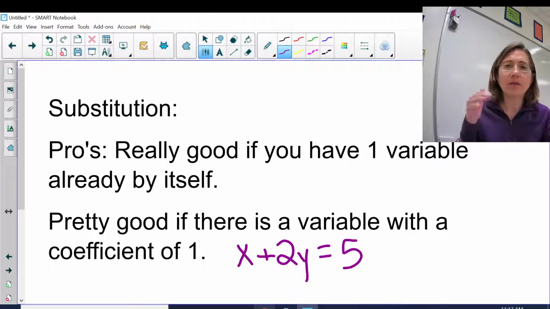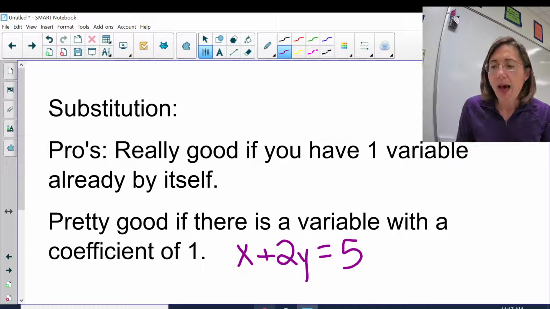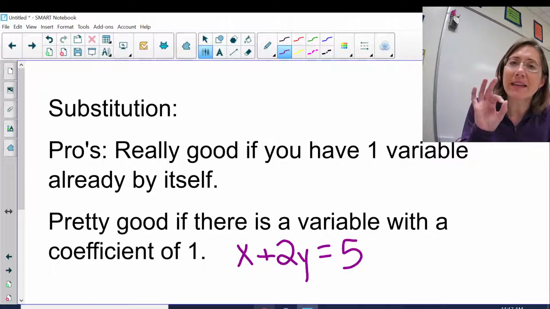So say that was one equation in a system. I don't have a variable already by itself, but what's that x coefficient? It would just be 1, right? In front of the x, understood 1 there. That x would be pretty easy to get by itself.